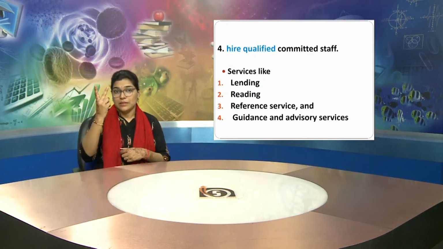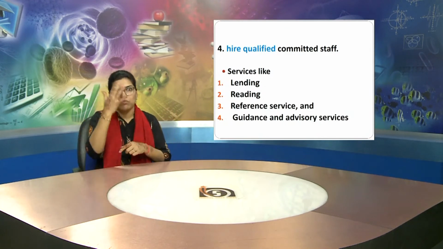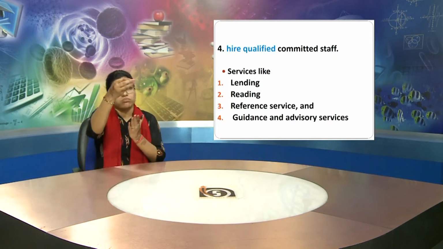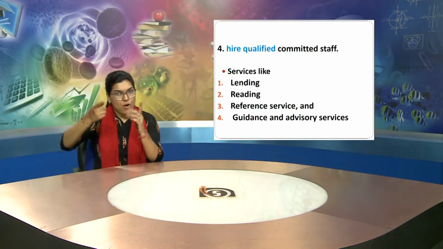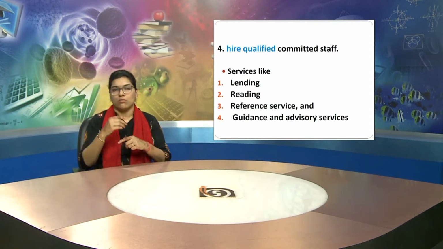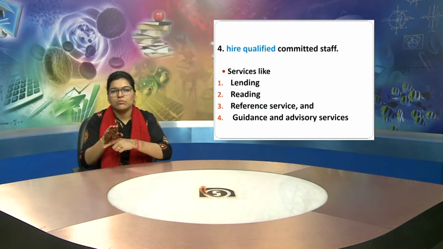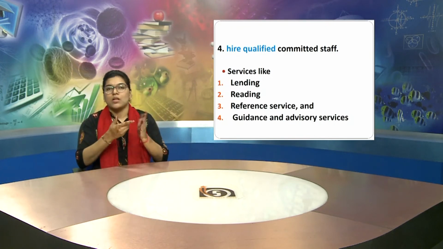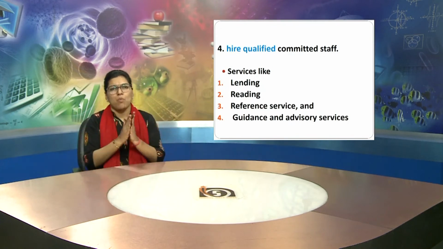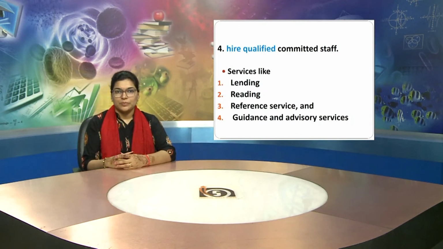Lending services are provided by the library so that people can come and read the book, and when the book is not completed and interest is created, you take the book for some time and then return it after some time. And then reading is important. Then third is reference services given by libraries. And then fourth important service is guidance and advisory services.